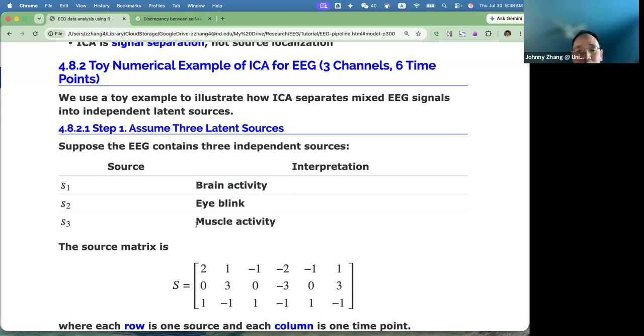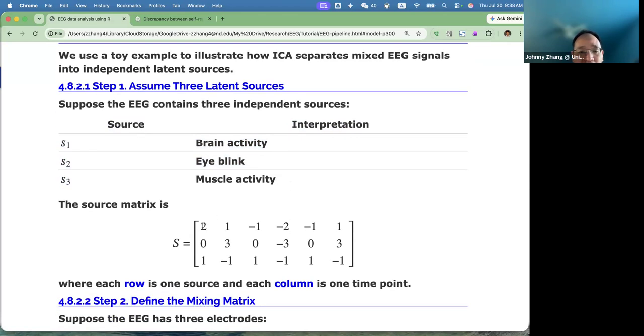And muscle movement also has signals over time, right? So we would have a source matrix like this. This is your brain activity at time one, time two, to time six, and this is your eye movement signals from time one to time six, and this is your muscle activity.